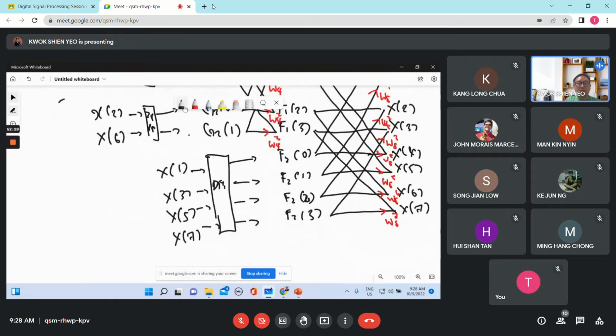So X1 and X5 is the even entry, then X1, X5, X3, and X7.